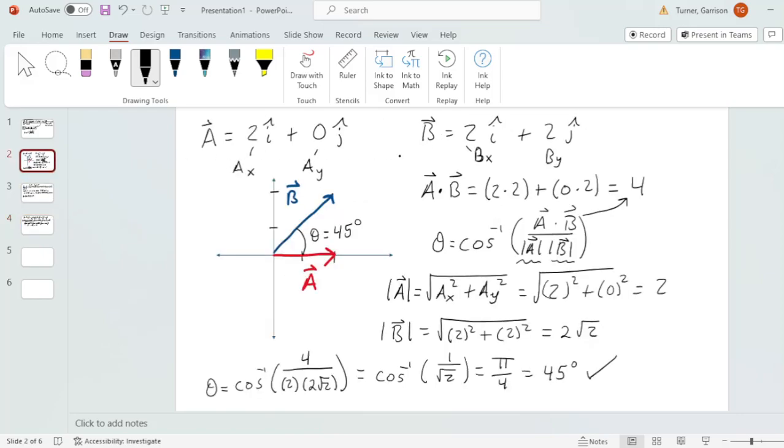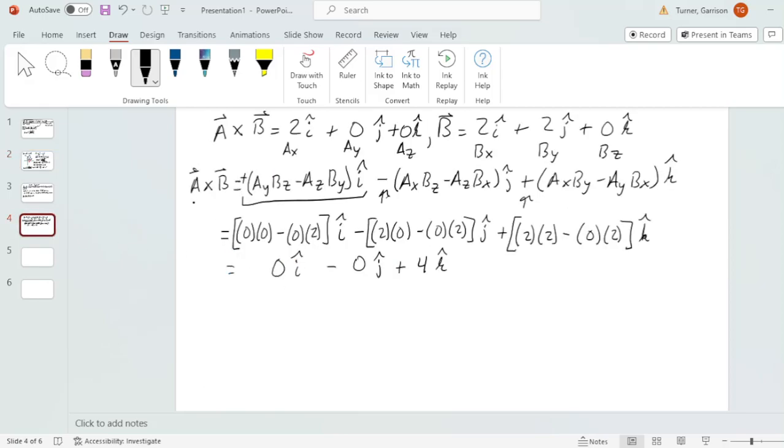So if we come back up here, we saw that A dot B is 4, and here we see that A cross B is equal to 4K hat, all right? And so if we compute the magnitude of A cross B, this is the same as taking your X component squared, your Y component squared, plus your Z component squared, and square rooting the sum. And of course that reduces down to 4.